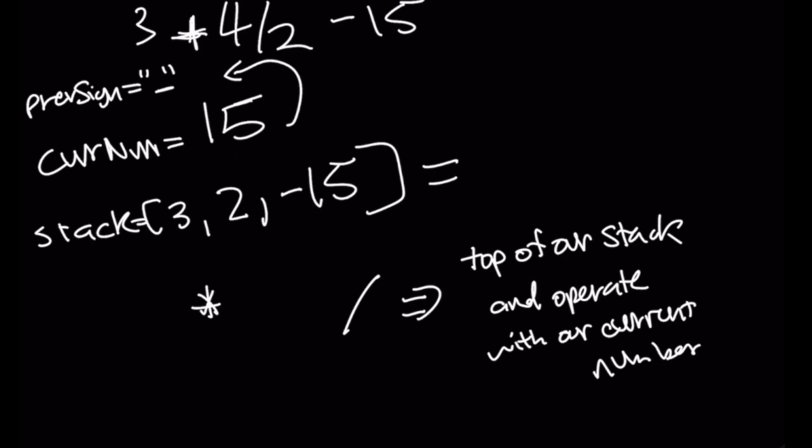It's also a key thing to note that in this question, instead of doing stack operations once you have the current sign, you want to do the previous sign. So you would only do 3 plus 4 when you reach division, and you would do division operations once you reach minus, right? This way it would work.